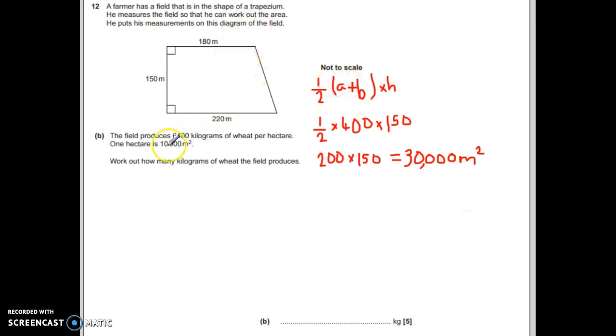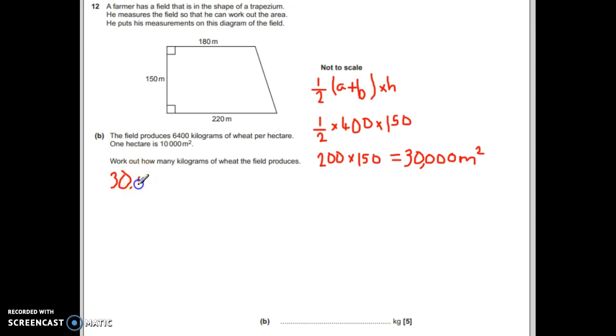Okay, but it says that the field produces 6,400 kilograms of wheat per hectare. And we've got this in meters squared. So our next step is to convert from meters squared into hectares. So 1 hectare is 10,000 meters squared. But I've got 30,000 meters squared. So all we need to do, over here with a bit more room, is 30,000 meters squared.